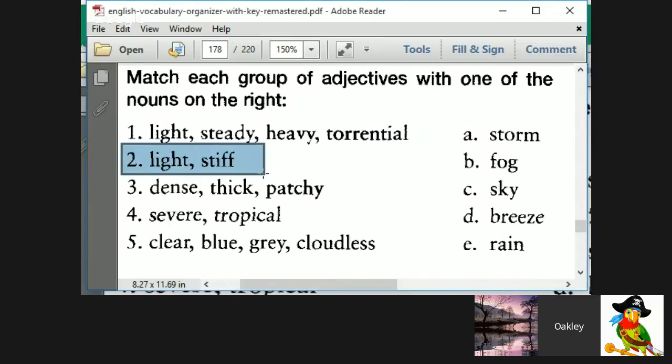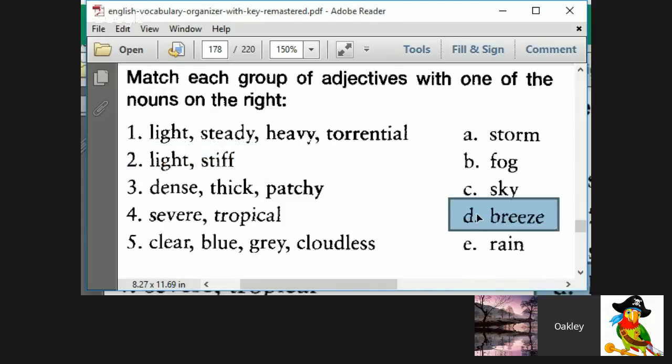Light and stiff. I think it is breeze. Breeze, there you go.